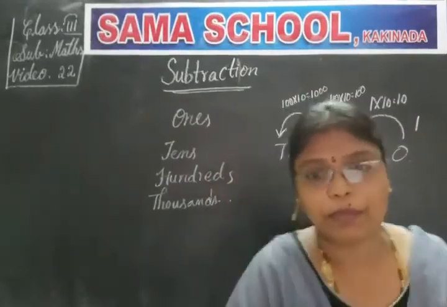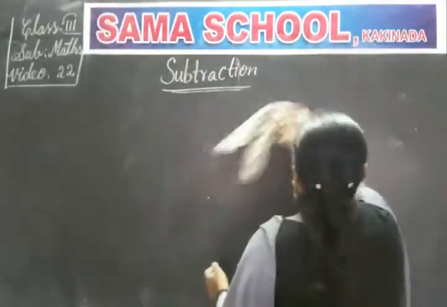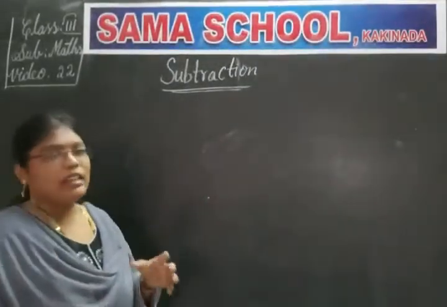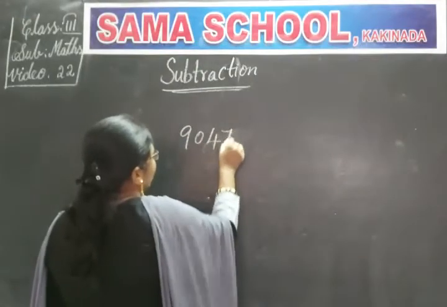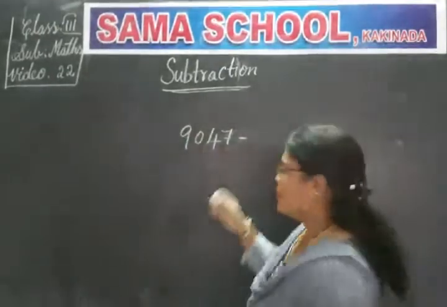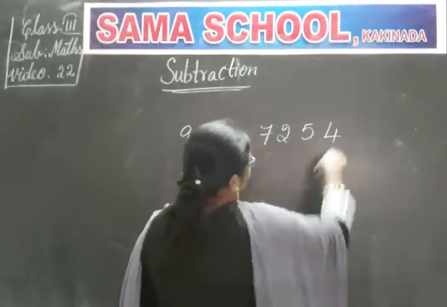Okay, for example, suppose we take the number 9047 minus 7254.